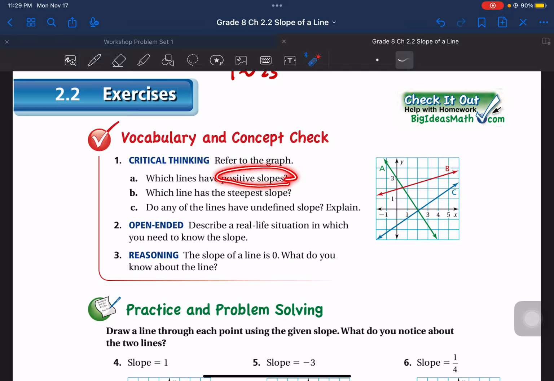Positive slopes, that means from left to right it is going up. So we should have line B and line C. And which line has the steepest slope? If you remember, the slope represents the steepness of a line, okay?